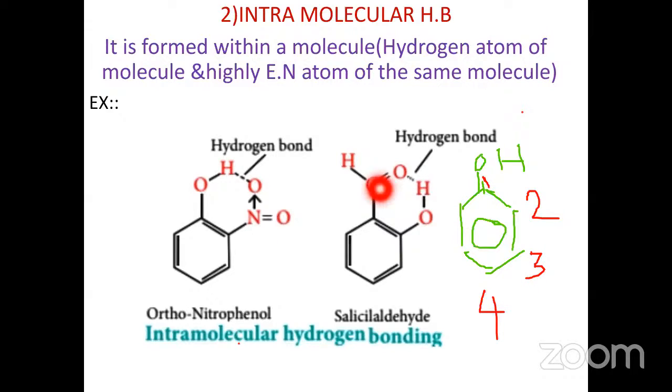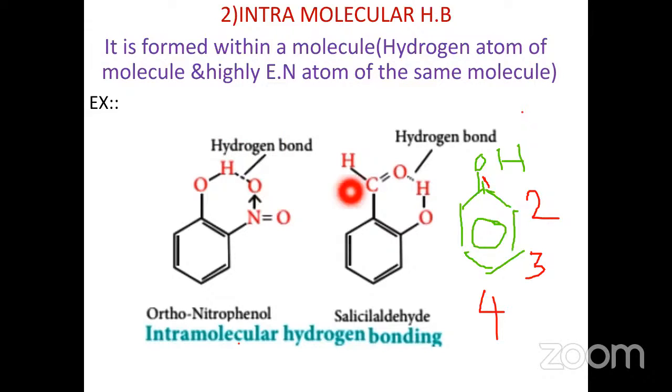In orthonitrophenol, the NO2 group is present on which position, Nana? Ortho position, because this is the first position and this is the second position. First and second are called ortho positions. So here the NO2 group is present on the second position. That is the reason it is called orthonitrophenol.